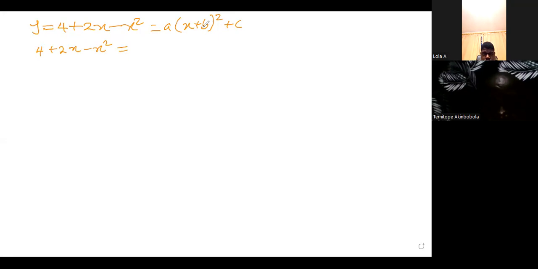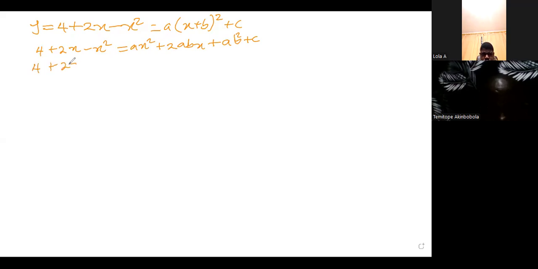So you expand this and also multiply by a, and that will give us ax² + 2abx + ab² + c. Before you compare, rearrange the right-hand side in the order in which the left-hand side is.